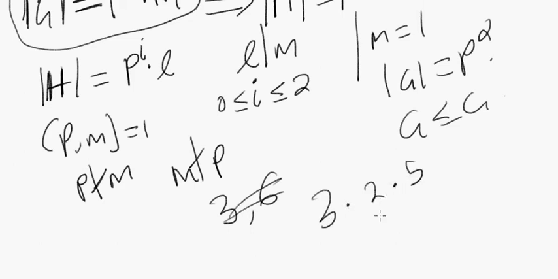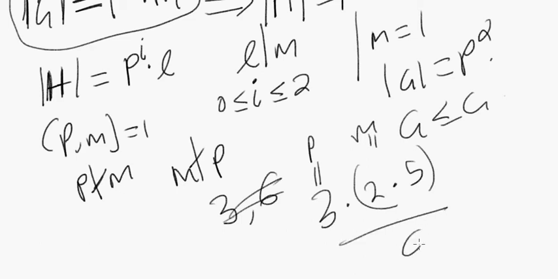Take 3 times 2 times 5. If we set m equals 2 times 5 and p equals 3, a number like 6 is going to divide p times m, but 6 doesn't divide 3, and does 6 divide 2 times 5? Okay, so maybe we can't say that.